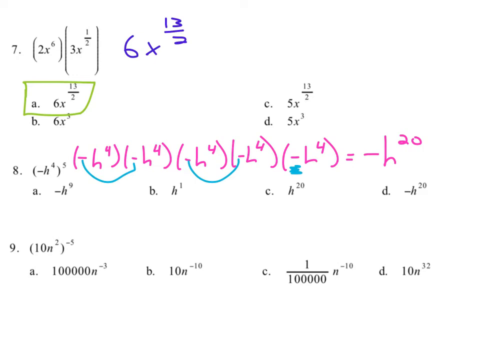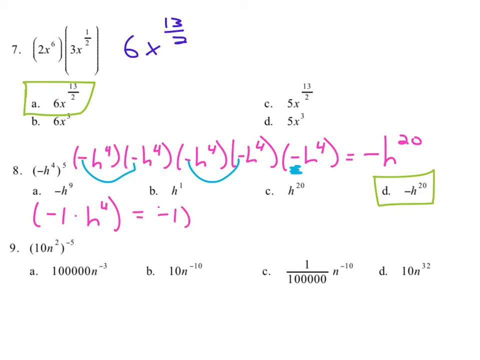And just to clarify, what you're really seeing inside that parentheses is negative 1 times h to the fourth. Okay, and anytime there's a coefficient other than just 1, you need to give that exponent to the coefficient as well.